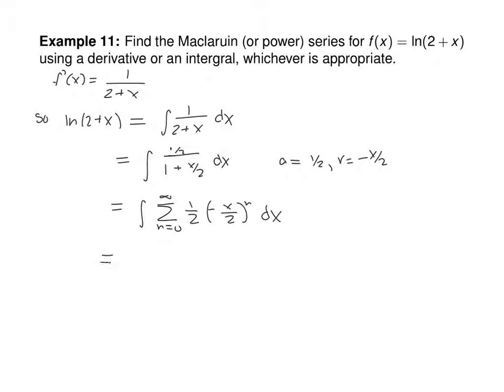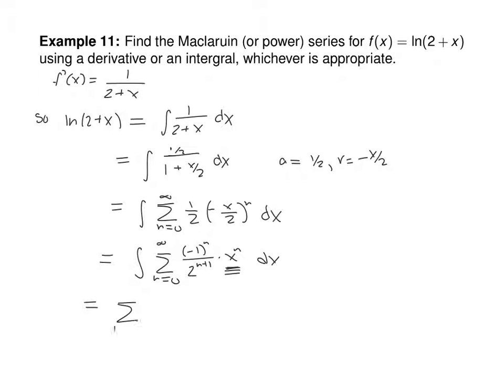There's a reason I've been avoiding integrating these things until I've simplified, and it's because it's a lot simpler. So simplify first. This is negative 1 to the n over 2 to the n plus 1 times x to the n. Now at this stage you integrate, and the thing that gets integrated is this x. Everything else is a constant.